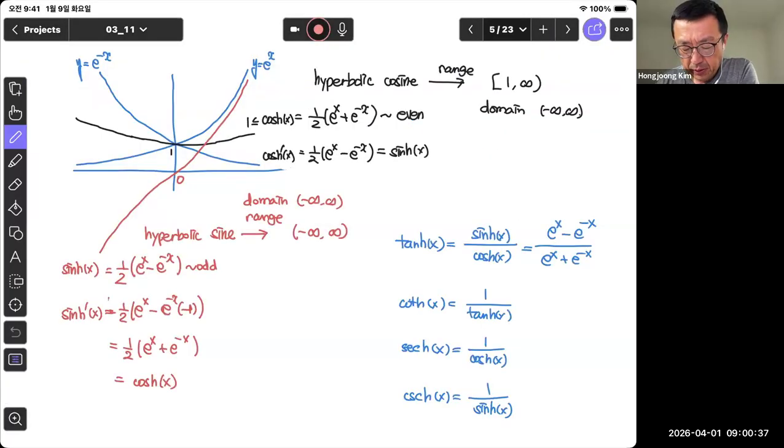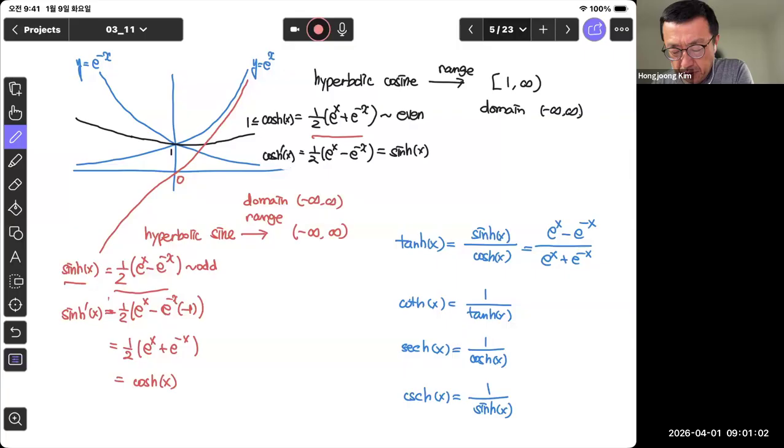As I said, the hyperbolic sine is defined by this, and the hyperbolic cosine is defined by this one. So the hyperbolic sine is an odd function passing through the origin, and the hyperbolic cosine is an even function.